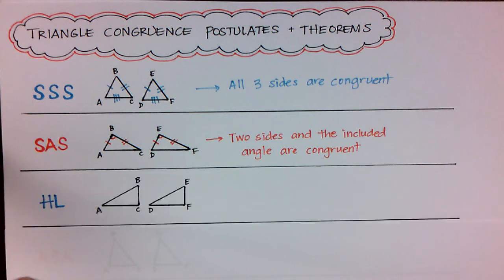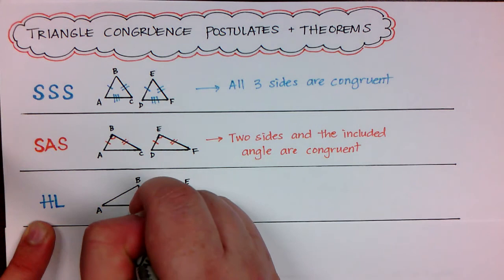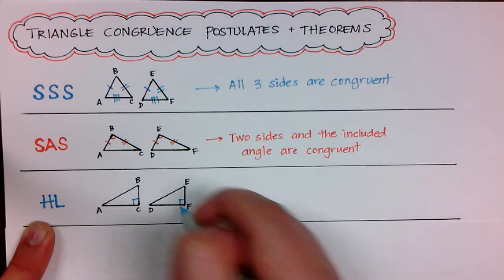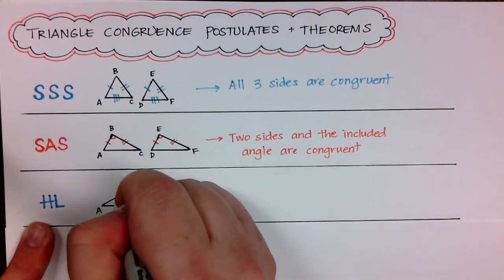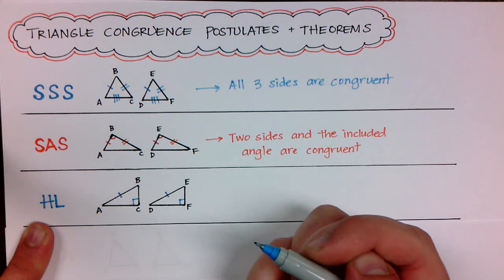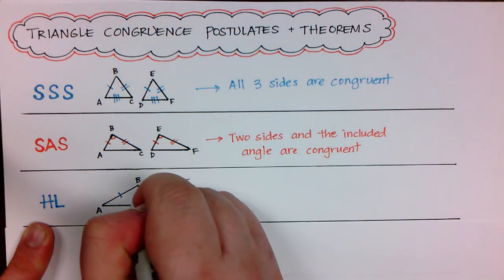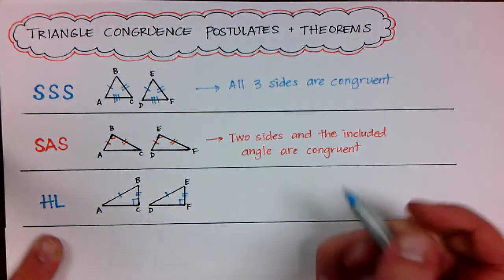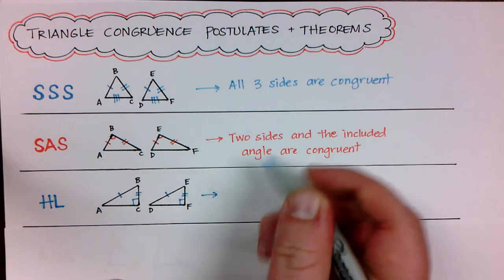Let's move on to the third one that we talked about. This was specific for right triangles. HL stood for hypotenuse leg. Okay, and so in my diagram, they were both right triangles, and if I could show that the hypotenuses were congruent and one of the legs were congruent, then the two triangles themselves were congruent.